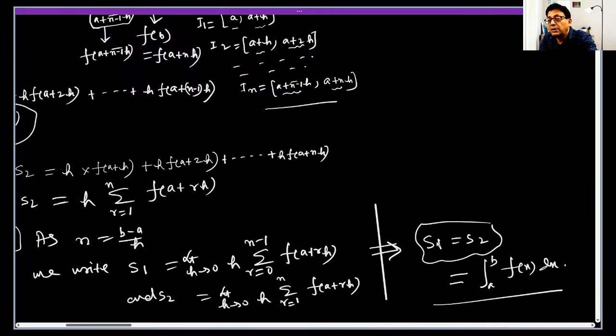First, know what we mean by definite integration a to b f(x) dx. It is actually the summation of this series or this series when the function is defined in the interval a to b, and the sum of the function multiplied with the length of interval will be given by this thing.